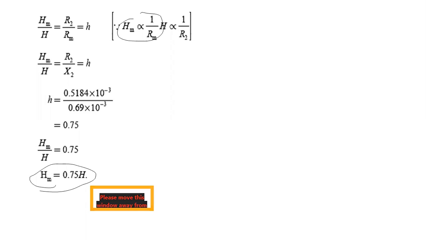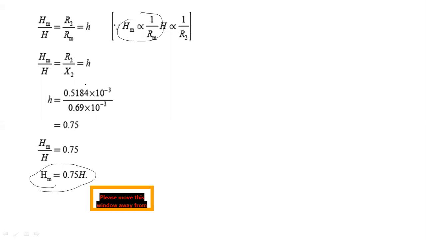The height is inversely proportional. So from these relationships, we have the equation Hm by H, if you take this ratio, that is R2 by Rm. If you consider H by Hm, that is Rm by R2. It is inversely proportional, 1 by H. If you change these values, the heating also changes by 1 by H.